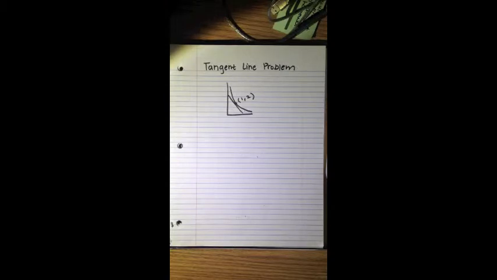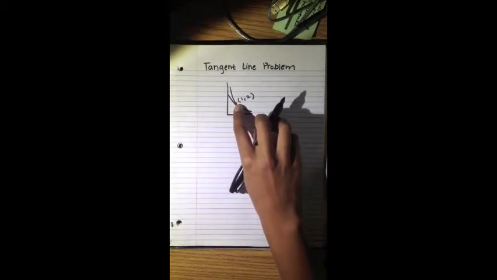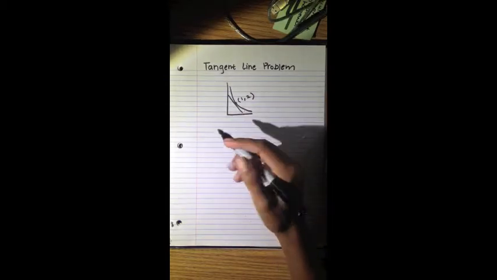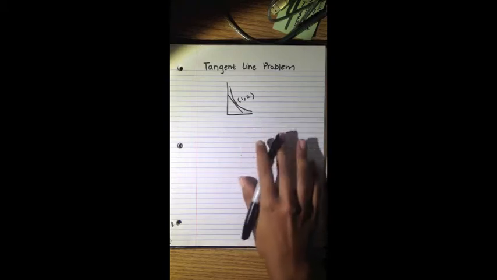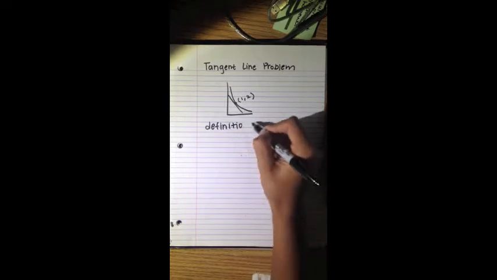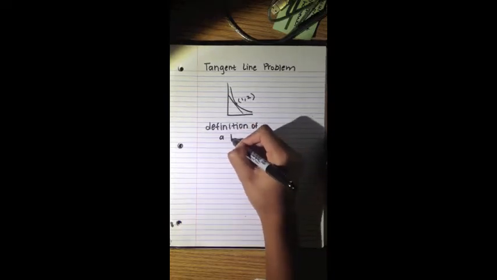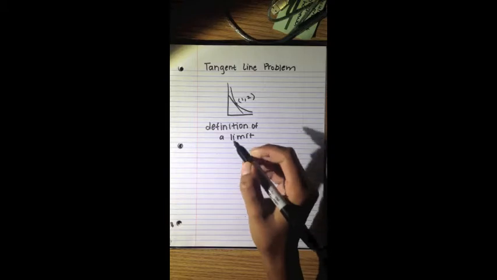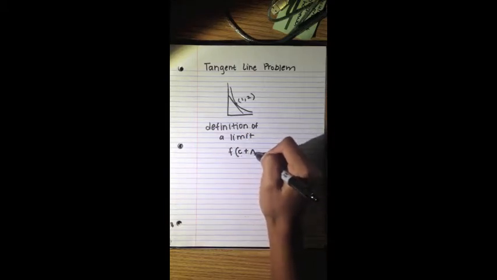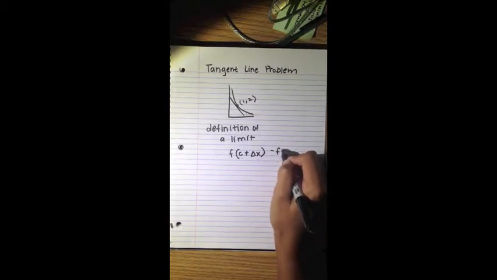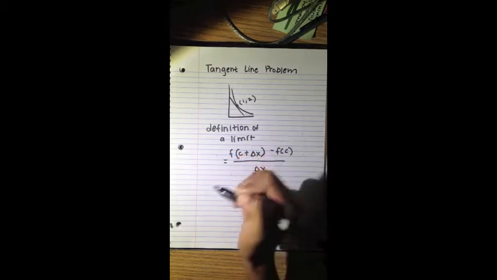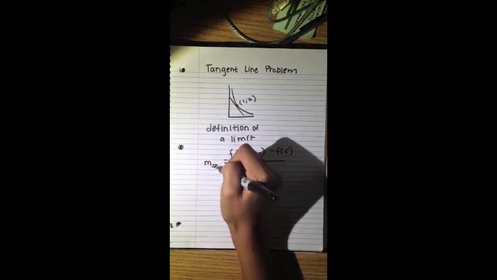Now you can approximate this slope by using secant lines on the graph, and this approach would involve using the definition of a limit and its formula. The definition of a limit is, and this would give you the slope of these secant lines.